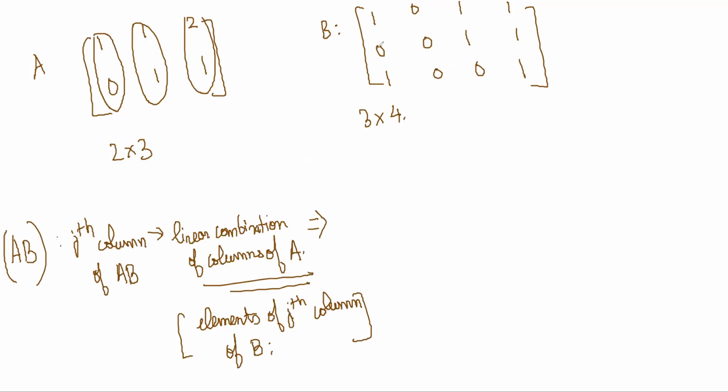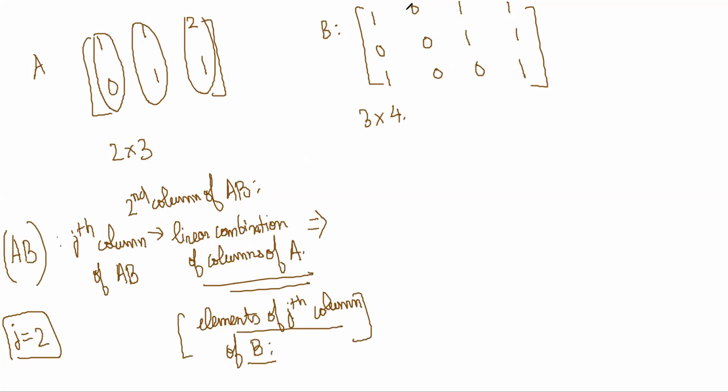The jth column of B is some column of B, right? So let's take j as 2 here. So we are saying the second column of AB should be equal to the scalars, the second column of B.